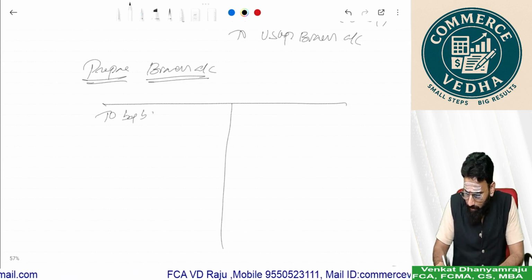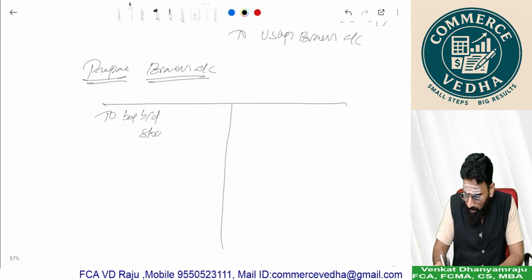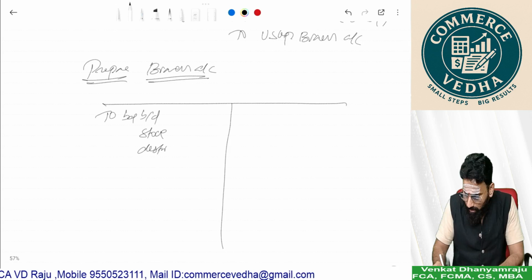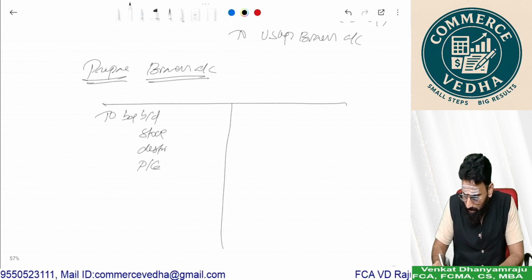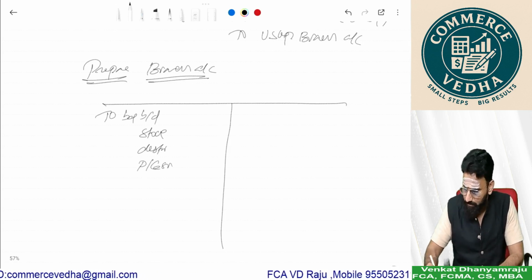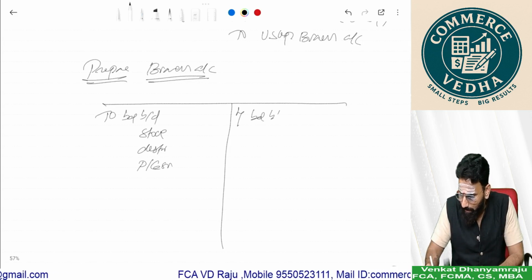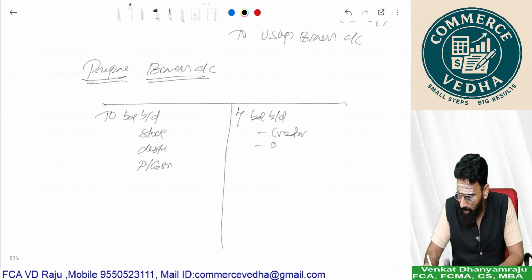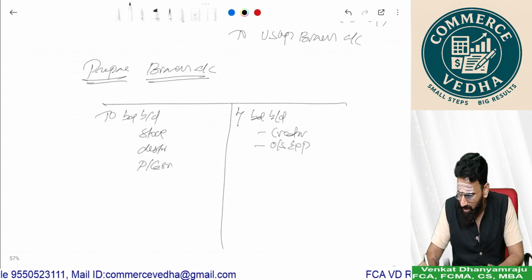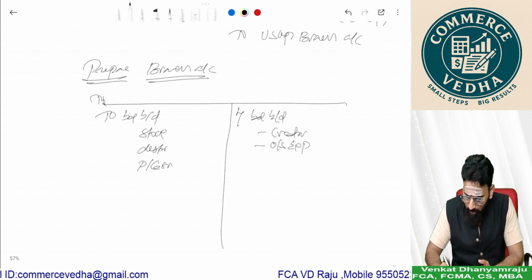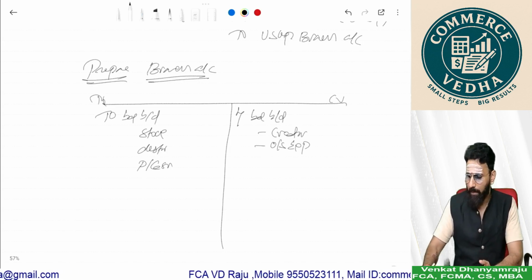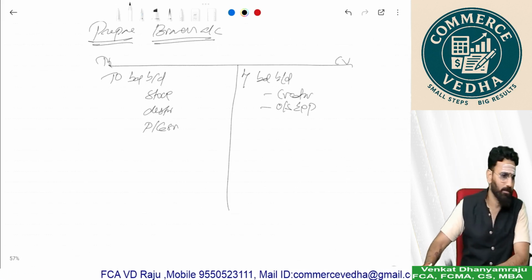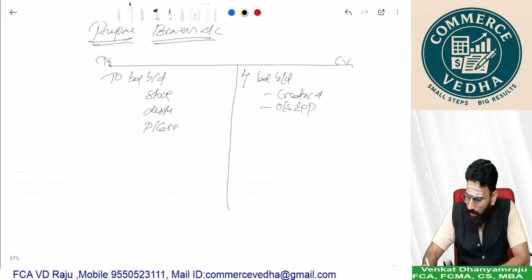To balance brought down: stock, debtors, petty cash. By balance brought down: creditors and outstanding expenses. Generally, it should not be there because it is a dependent branch. All liabilities will be taken over by head office.